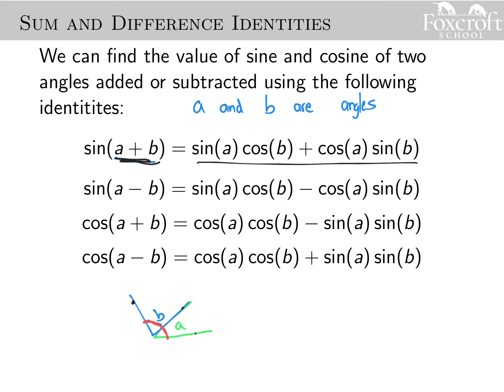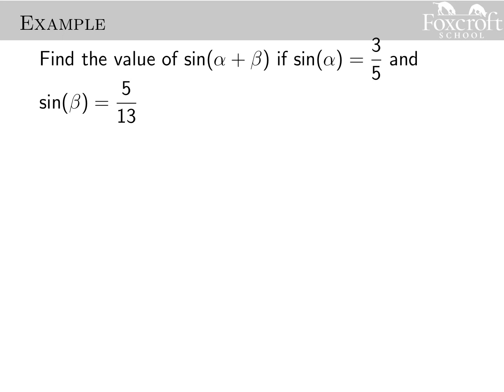All right, so let's see how this is going to work. We're going to find the value of sine of alpha plus beta if sine of alpha is 3/5 and sine of beta is 5/13. All we have to do at the start is rewrite that formula. That's going to be sine of the first angle times cosine of the second angle.